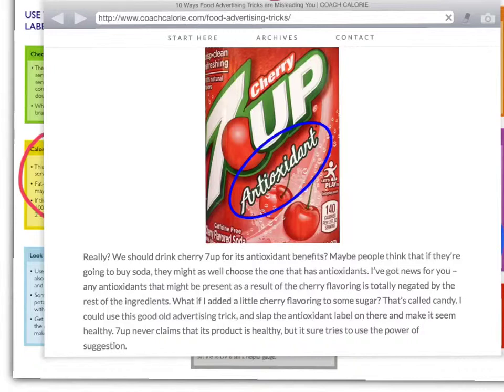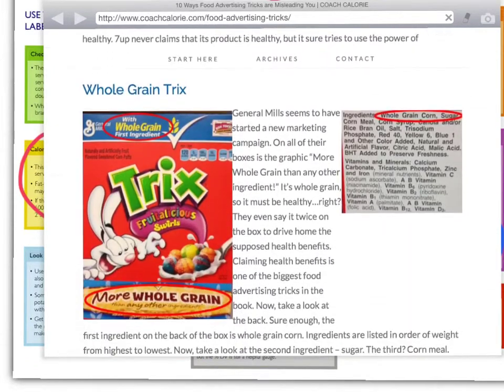However, cherries have antioxidants, but just because 7-Up added cherry flavor and a whole lot of sugar to their drink doesn't make it good for you. But they're allowed to put the label antioxidant because they contain cherries. So again, another thing you need to be careful about in terms of labeling.